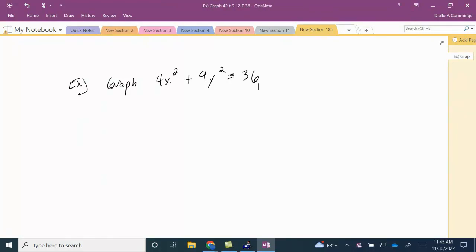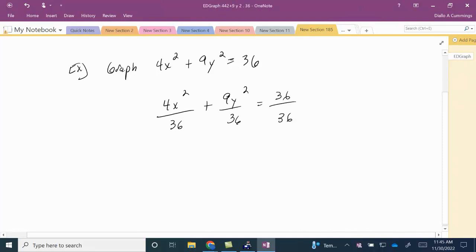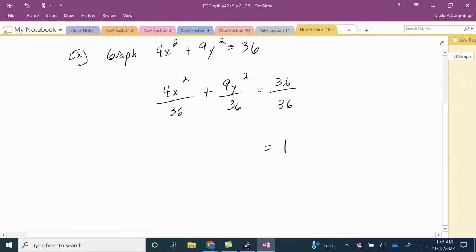So the first thing we want to do is put our equation in standard form. For standard form, notice that we must make our equation equal to 1. So in order for our equation to equal 1, I'm simply going to divide everything by 36, because dividing by 36 will force a 1 on the right hand side.